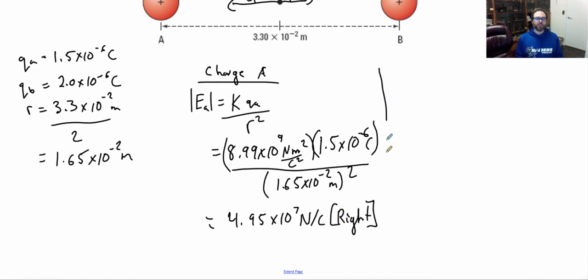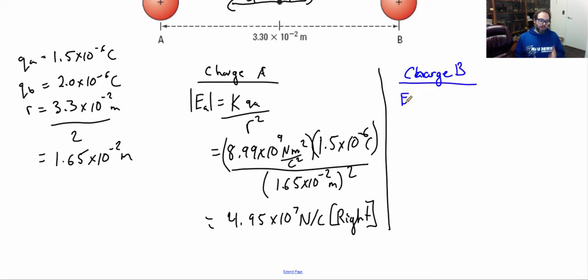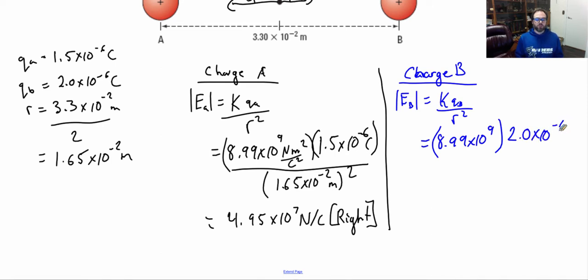Now let's try my second charge, charge B. For charge B, my field strength at that point is going to be Coulomb's constant multiplied by charge B divided by the distance squared, which is going to give me 8.99 times 10 to the 9 newton meters squared per coulomb squared multiplied by 2.0 times 10 to the negative 6 coulombs, all divided by 1.65 times 10 to the negative 2 meters squared.